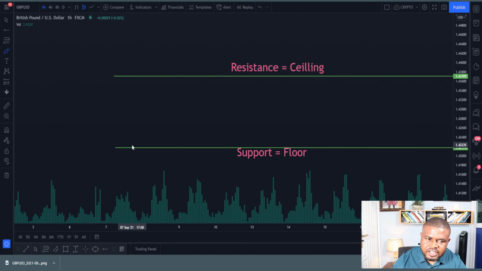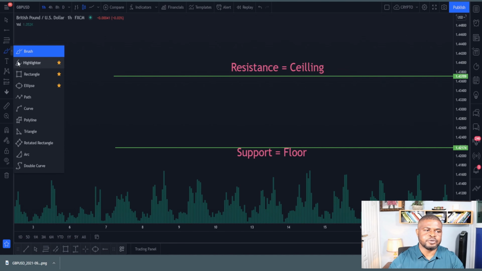The train cannot move from point A to point B without the rail track, right? And these tracks are what the support and resistance are in the financial market. As we are trying to explain here, the price action moves between support and resistance.